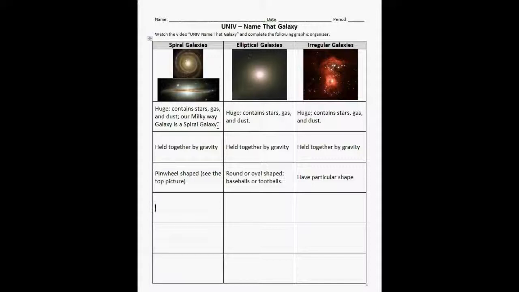All right, if you look at the pictures above for a spiral galaxy, you'll notice that it has a central bulge and a thin disk. It has a halo, which is a glow, and you can see that in the bottom picture.